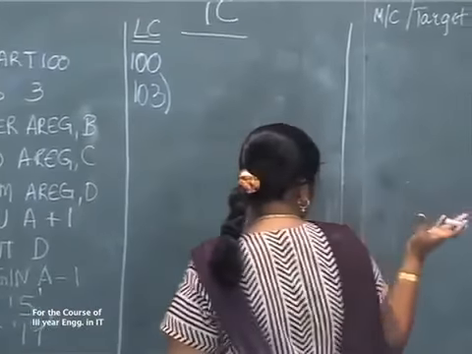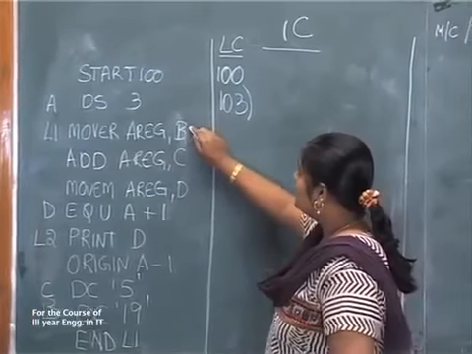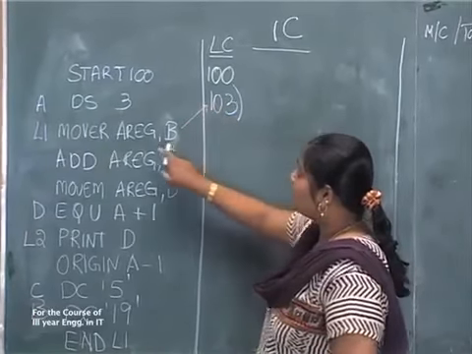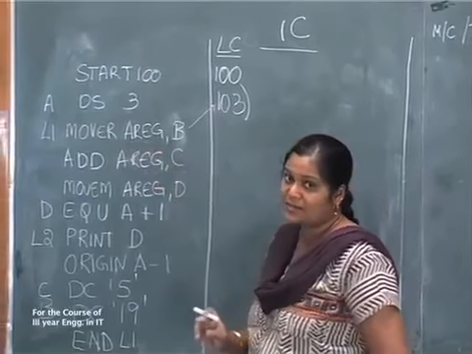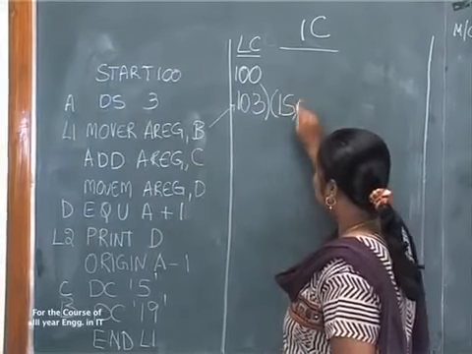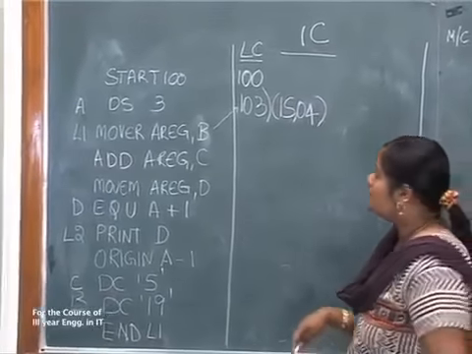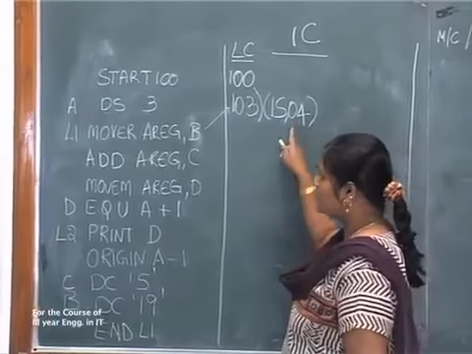So it happens to have a length of 1, and the associated intermediate code is this. So for MOVER, it is an instruction opcode. It's an imperative statement. The associated instruction code is 04.